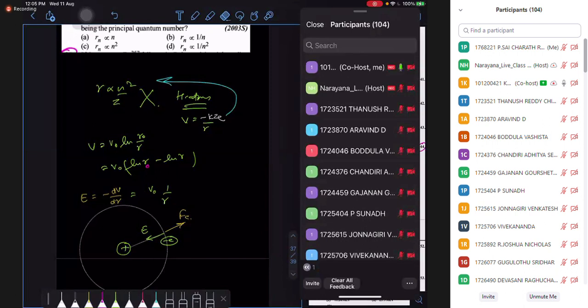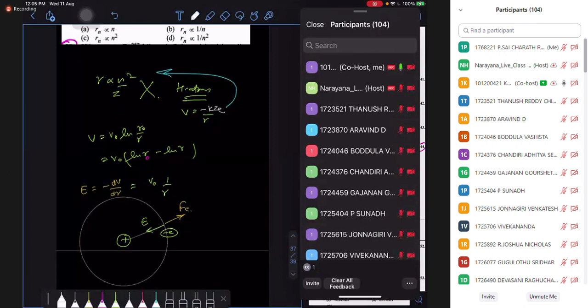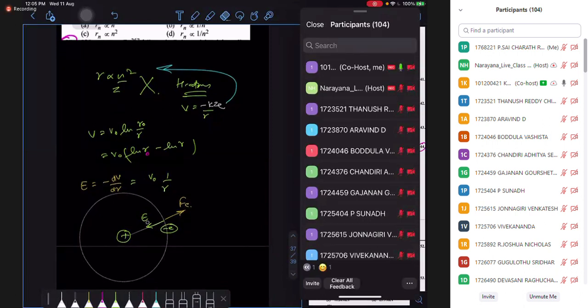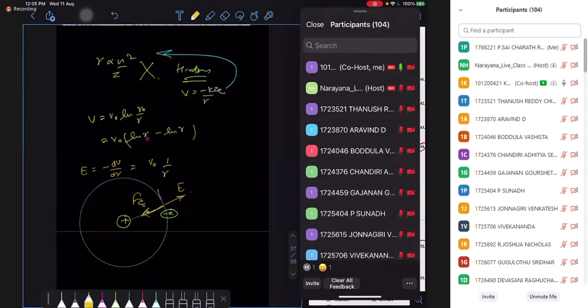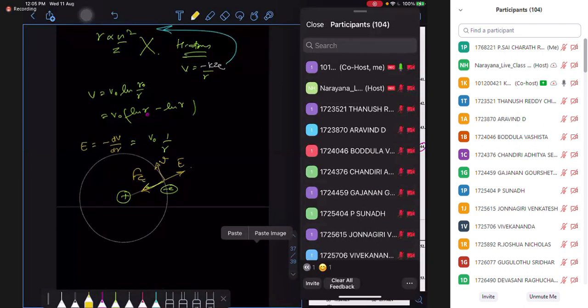So my electric field is now coming out to be positive. Force comes out to be in the negative direction. We can put this force in the inward direction. So the electric field is outward and the force is going to be in my inward direction. Now, as you are moving, it can provide you the centripetal force, right? It's possible here.